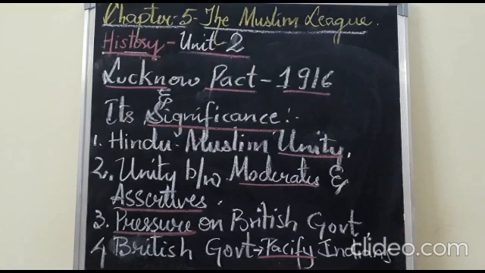Both the communities agreed to compromise in some areas for the common good. So the Congress compromised on its secular character by accepting the scheme of separate elections for the Muslims. The Muslim League accepted the principles of election and majority rule. As a result of this pact, the Hindus and the Muslims worked together from 1916 to 1922.